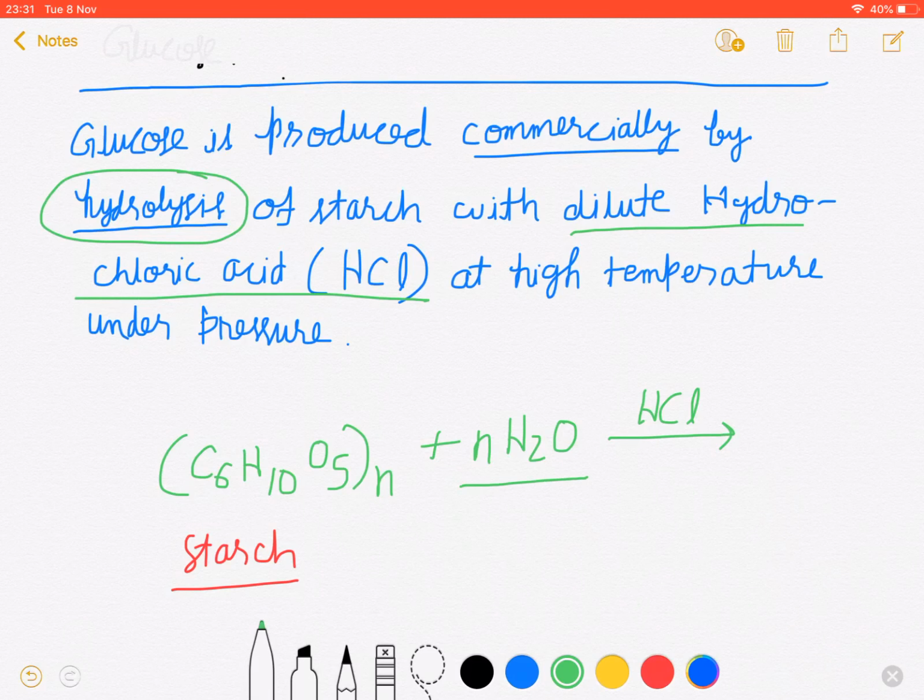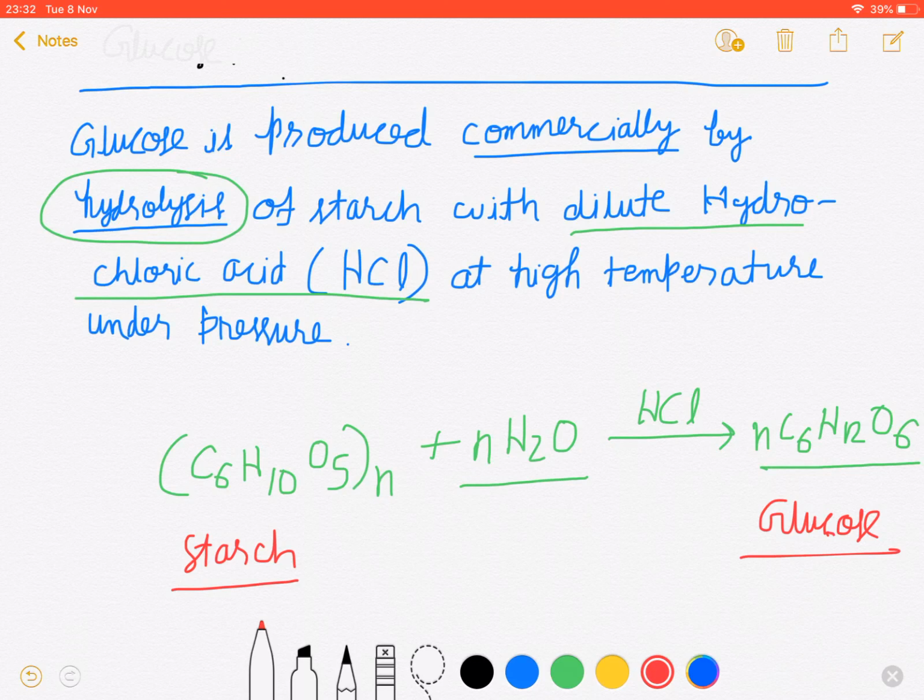As a result of this reaction, n number of C6H12O6 will be formed, and this will be called glucose. I hope this point is clear.